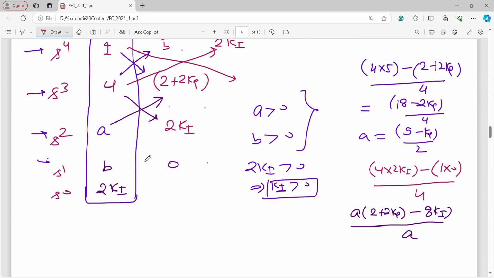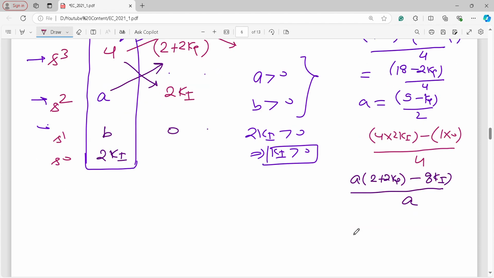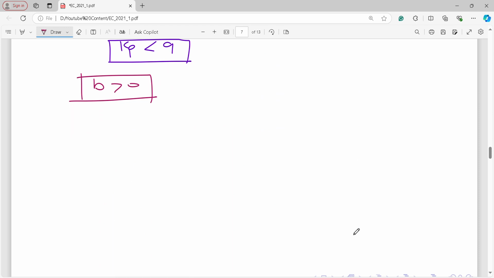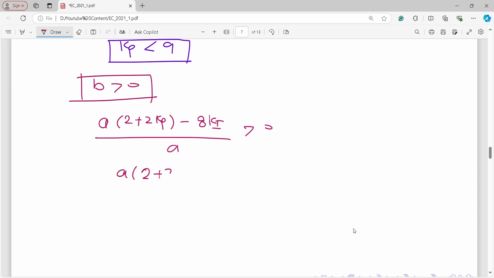B value is A into 2 plus 2 kp minus 8 ki, greater than 0.